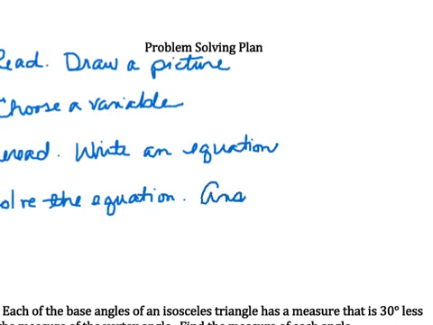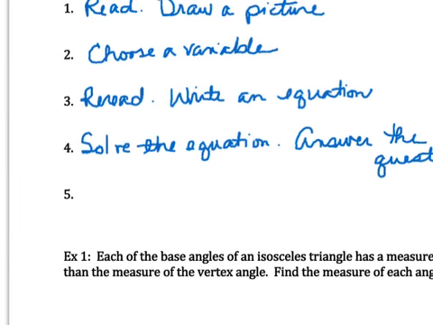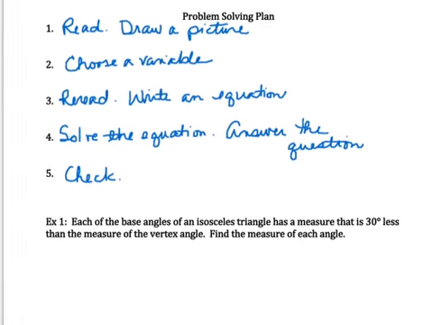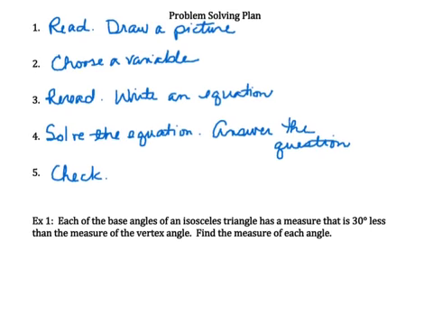So you need to, again, probably read your setup so you know if you've answered your question or not. And then the last step is to check and make sure that your answer makes sense. So if you are working a word problem and you come up with a negative answer for some sort of measurement, then that is probably incorrect and you need to go back and check your work.